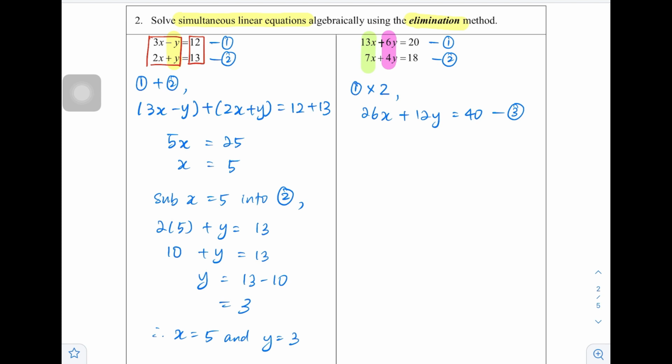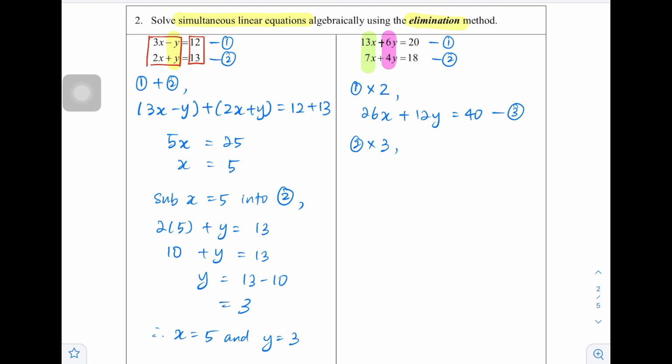Then we look at equation 2. If I multiply equation 2 by 3, I would also be able to get 12y, because 4y times 3 will be 12y. So let's multiply equation 2 by 3. That means every single term I need to multiply by 3.